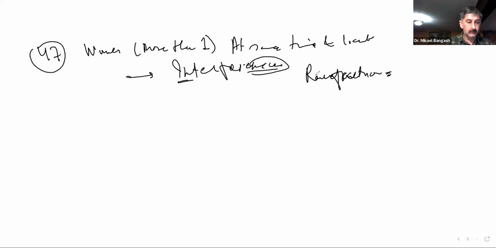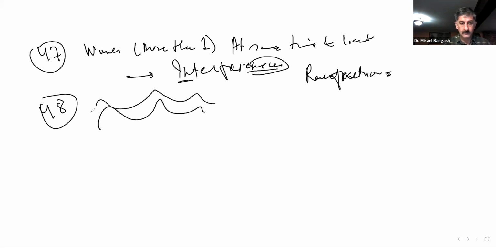Question number 48. Two waves arrive at the same location and interfere. So we have 2 waves. Now they reach the same location and interfere.